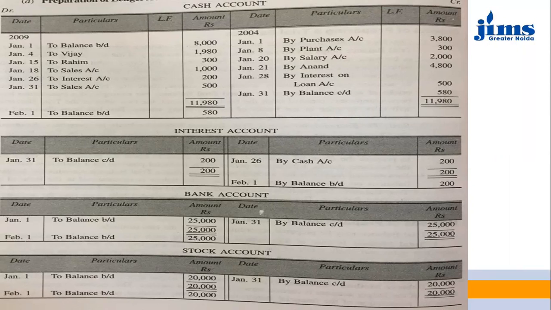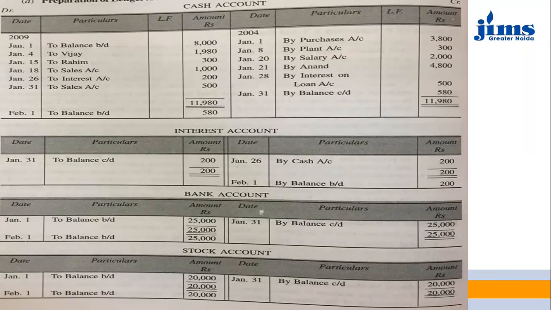We have only one entry which has been posted from journal to ledger, that is on 26th January by cash account. So there is only 200 rupees on the credit side, but there is no amount on the debit side. This means the credit side is higher and the debit side has no amount. So the difference between debit and credit side is 200.